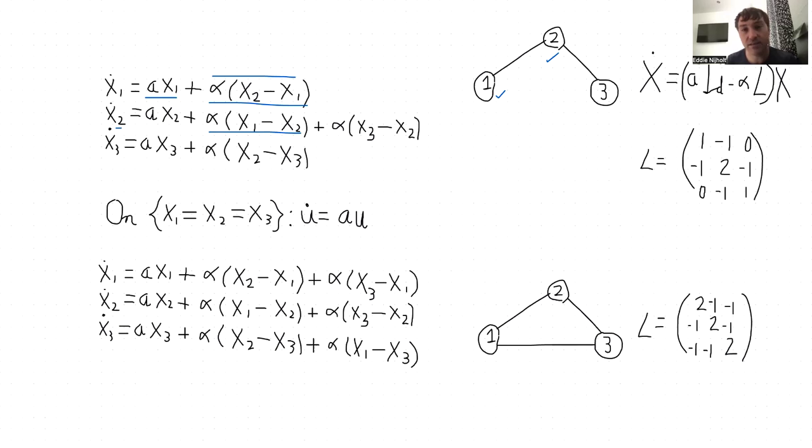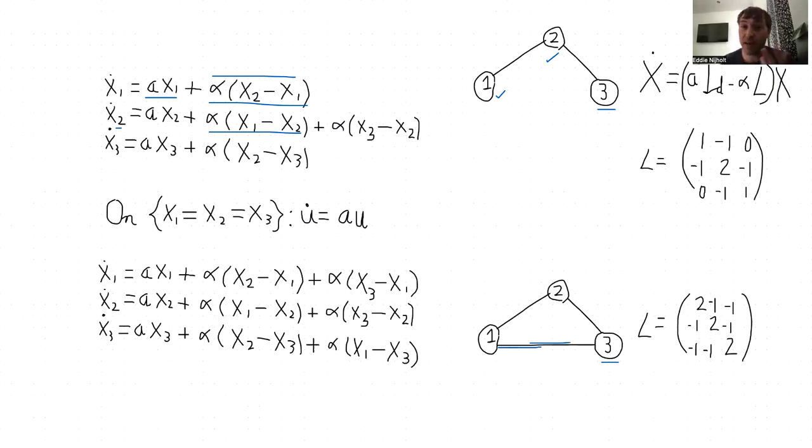Here I've written it for the network on top, but you can of course also do it for other networks. Here I've done it for the all-to-all coupled network on three cells. You just get two additional terms, which directly correspond to this connection over here.